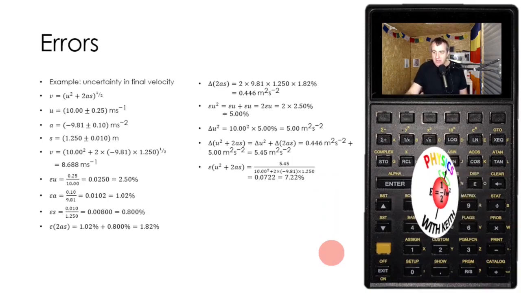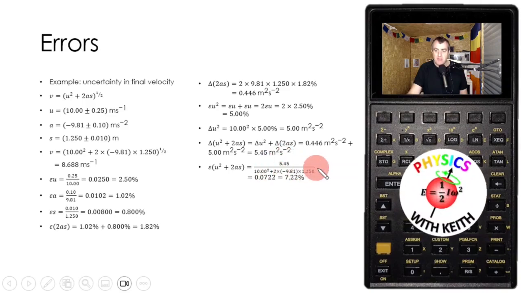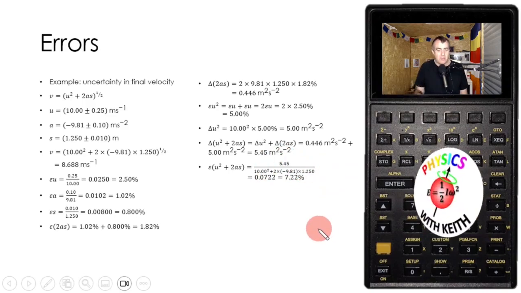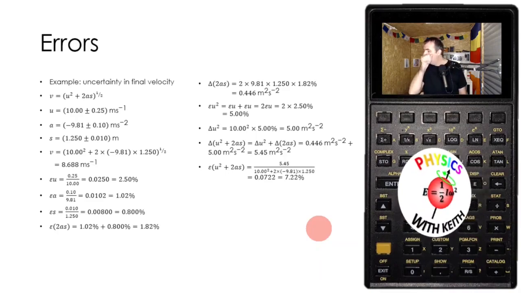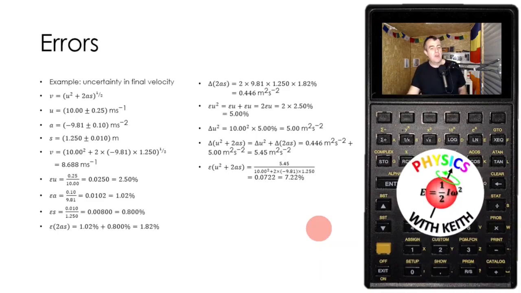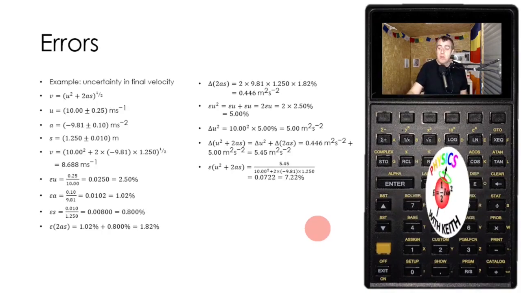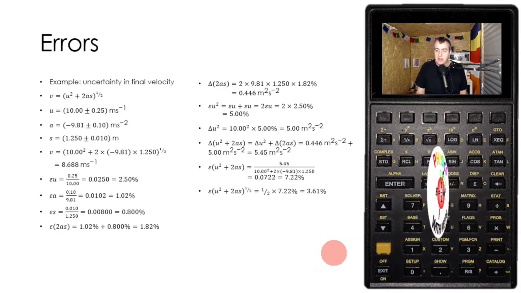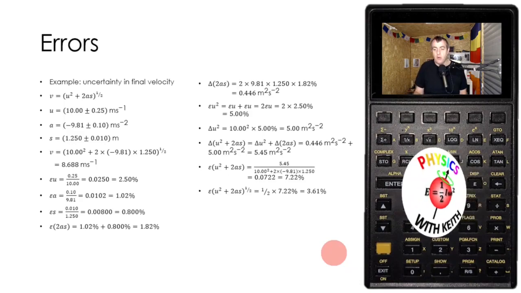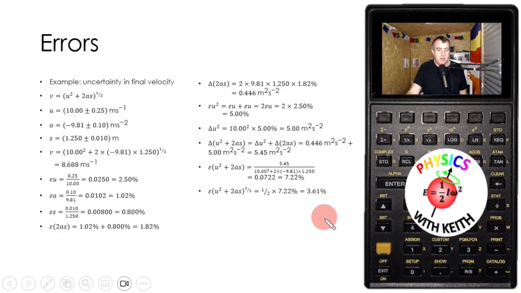So I get the percentage uncertainty by doing this. It's a bit of a mess. Percentage uncertainty is going to be the absolute uncertainty divided by the mean value. I just chucked all the numbers in there to calculate the mean value. And I got a percentage uncertainty of 7.22%. Now, because we're raising that quantity to the power of a half, we halve that percentage uncertainty, to get a percentage uncertainty in u squared plus 2as all to the power of a half equal to 3.61%.